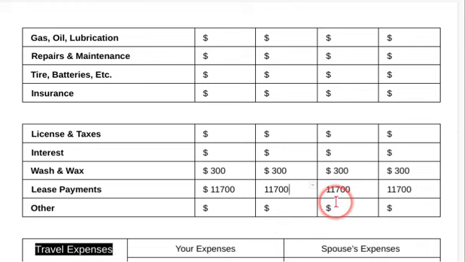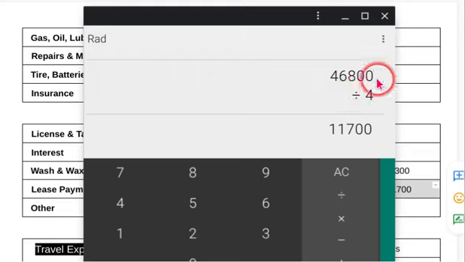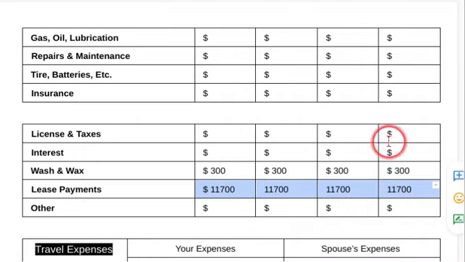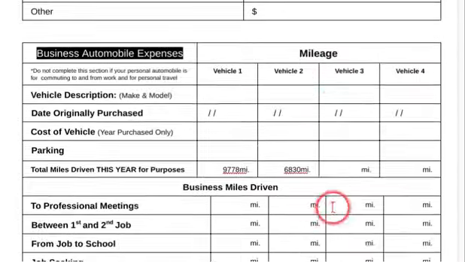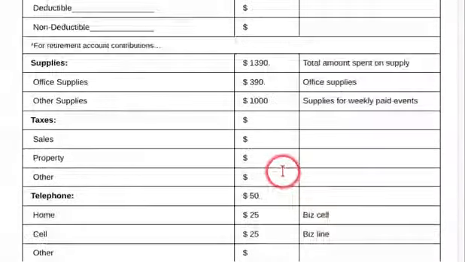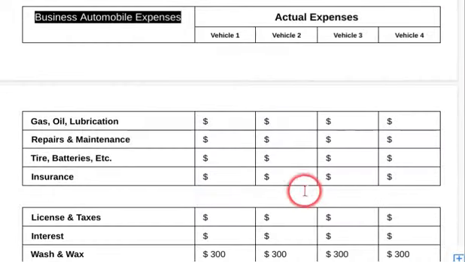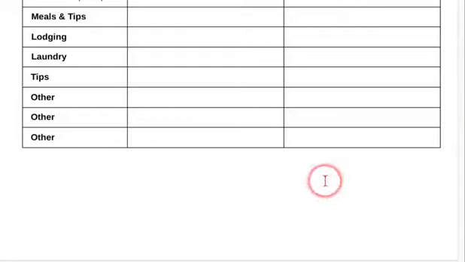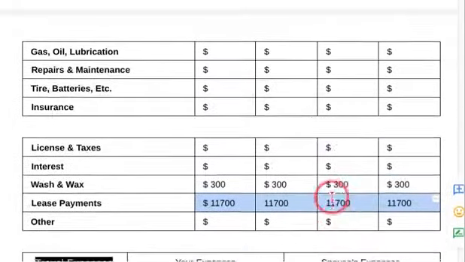So boom. 11,000, 11,000, 11,000, 11,000. So this 11,000 here adds up to the 46,000 total that you're paying yearly for leasing all 4 vehicles, right? You want to get credit for all this. That's why you're breaking all this down for your tax preparer, because you want to get credit for everything, because this paper is going to be full when you're done, right?